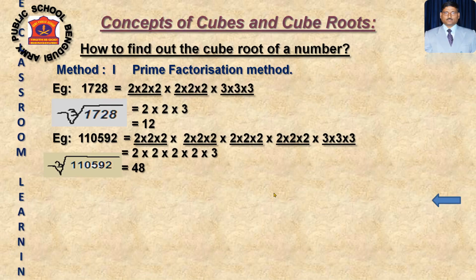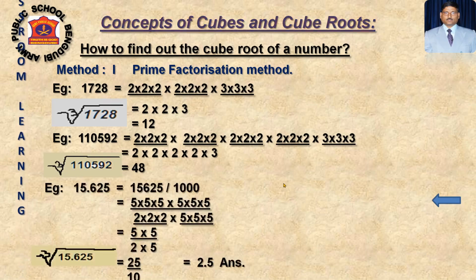Okay, these are whole numbers. What happens when a decimal number is there? Nothing. Suppose 15.625, I have to find the cube root. What will you do? Then you convert it into a fraction. So 15625 as numerator and denominator 1000. Find the prime factors of the numerator, 5, 5, 5, 5, 5, 5, and the denominator 2, 2, 2, 5, 5, 5.